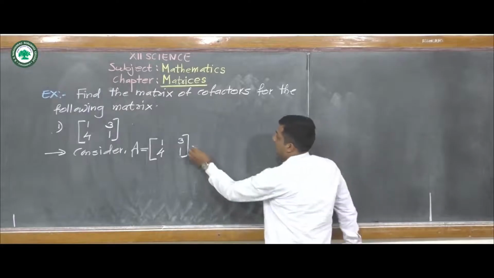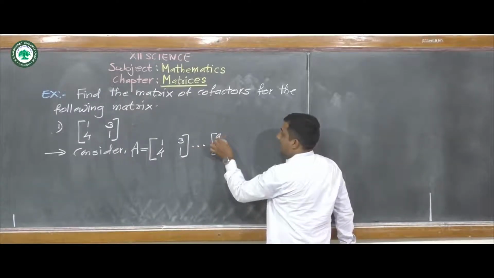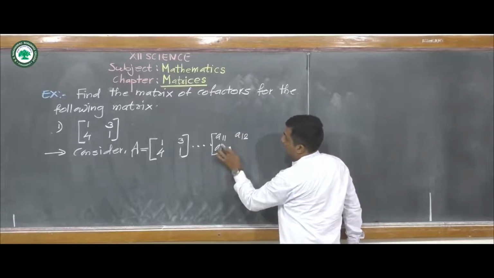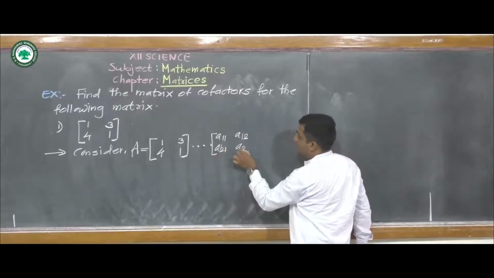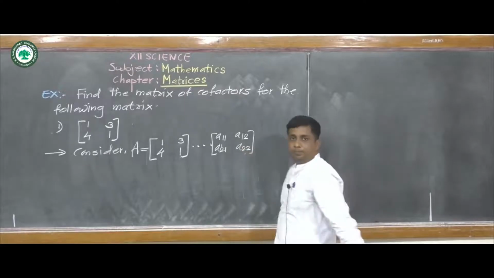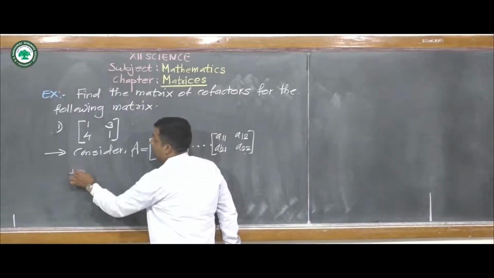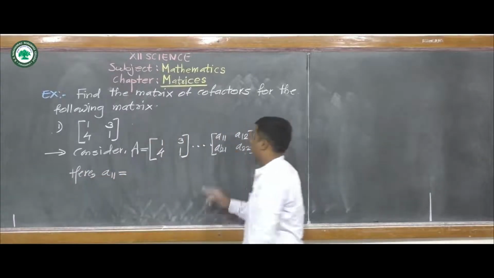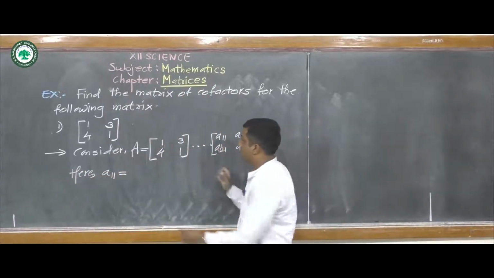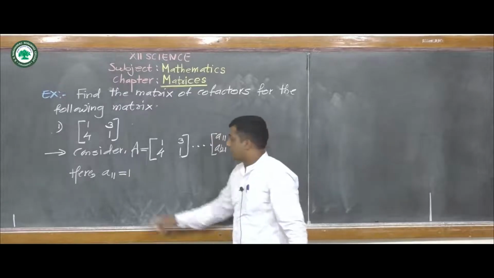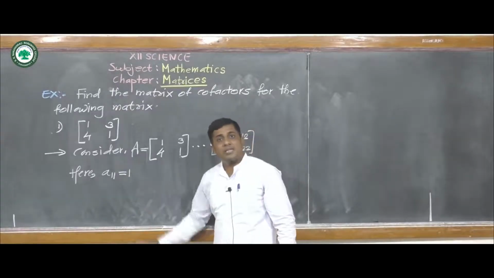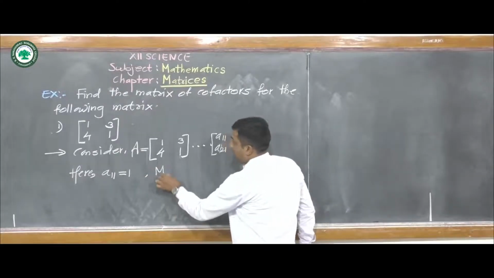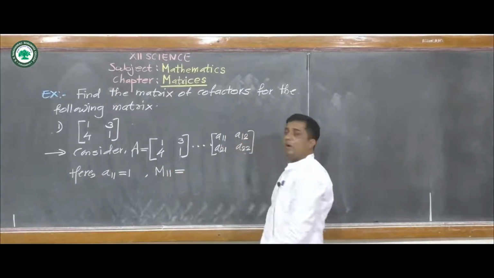We know the elements are A11, A12, then A21, then A22. Here A11 is equal to 1. Let's find the minor of this A11. It is denoted by M11.